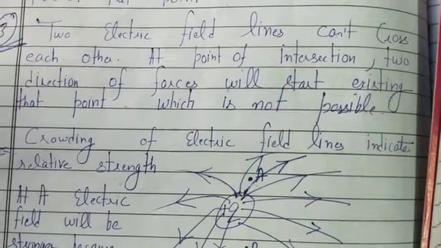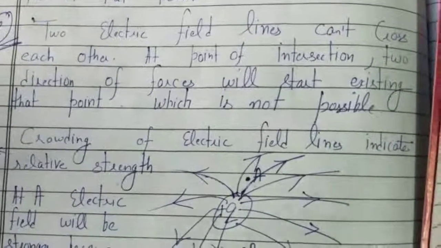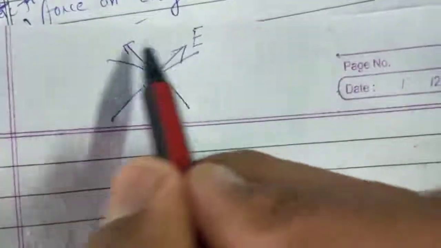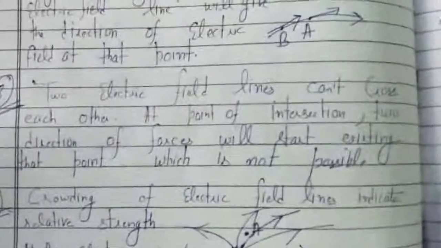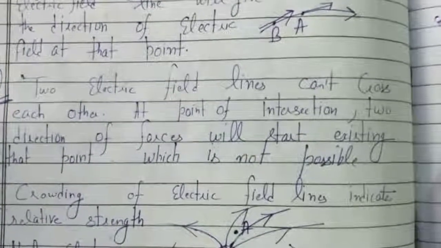If two electric field lines cross at A, we will get two directions, one along this and one along this. So at a single point there are two directions of electric field, which is not possible, so they can't intersect each other. So this is the third characteristic of electric field lines.